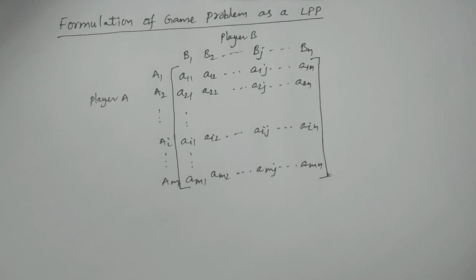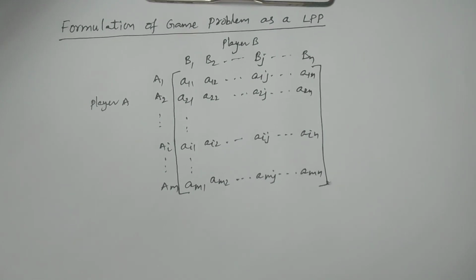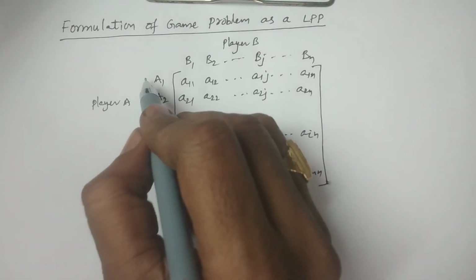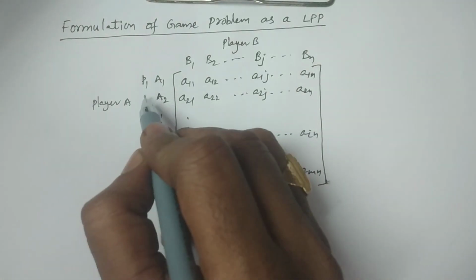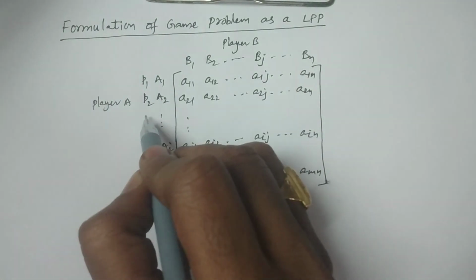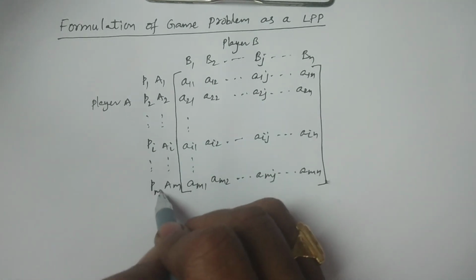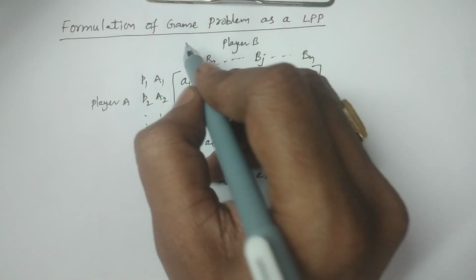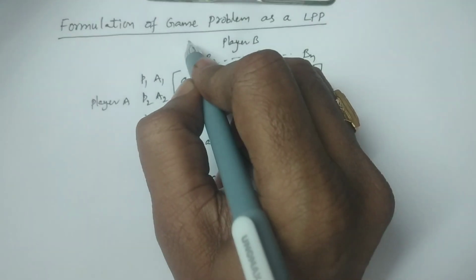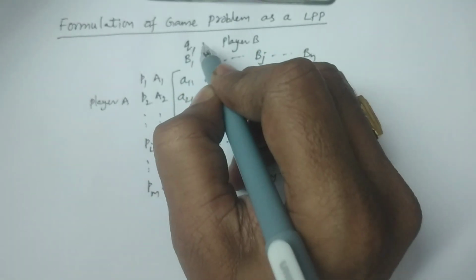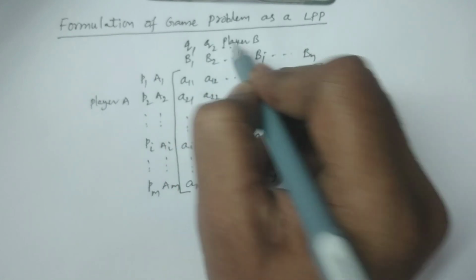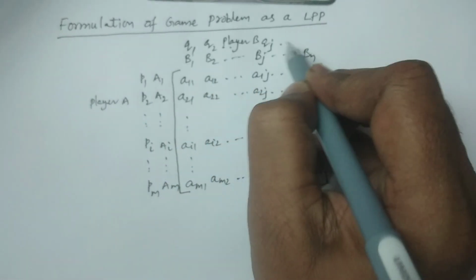If this is the payoff matrix, then consider probabilities for selecting the strategies of player A: P1, P2, and so on, Pi, and so on, Pm, and the probabilities of selecting the strategies of B, B1, B2, Bn: Q1, Q2, and so on, Qj, and so on, Qn.